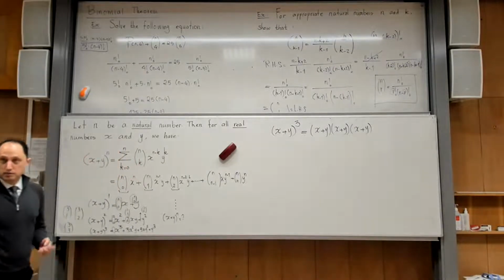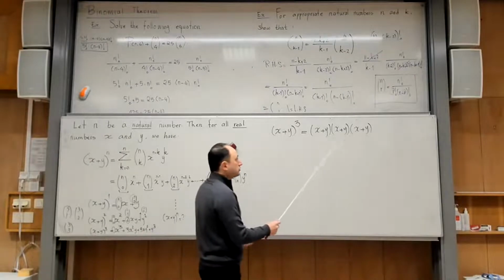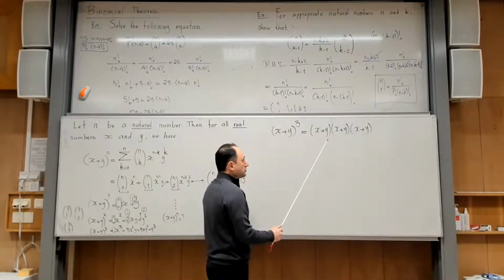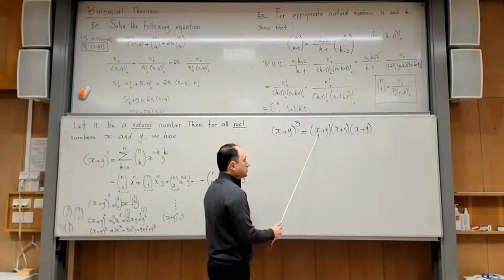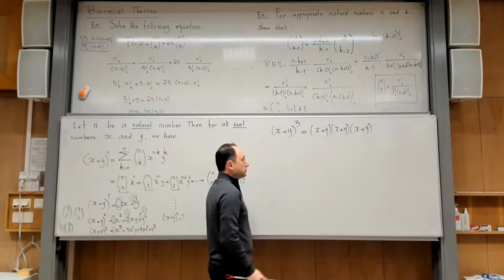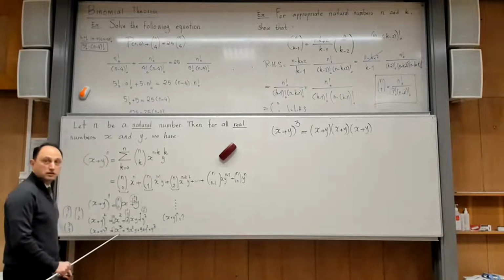When you multiply these binomials, what do you do? In each one of them, you have two options: either choose x or choose y. For example, if I choose x here, x there, and x there, and multiply them, what do I get? I get x cubed.